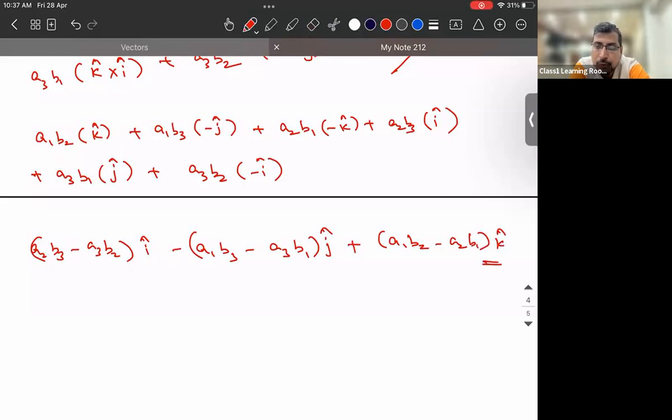So this is going to be the output of the cross product. If you see, the output is a vector quantity. Hence we call it the vector product of two vectors.